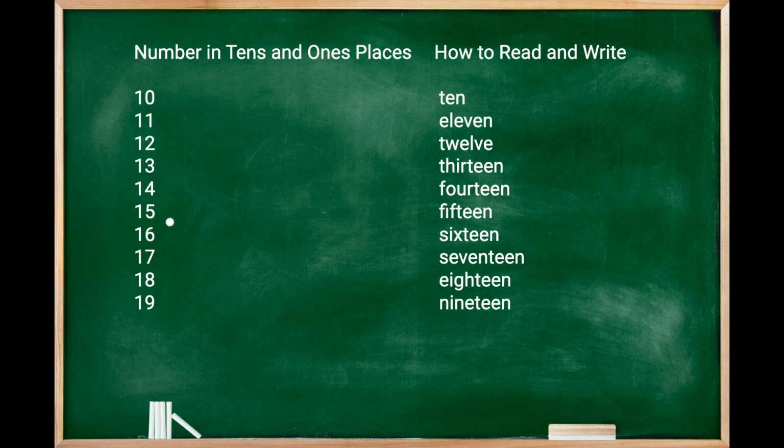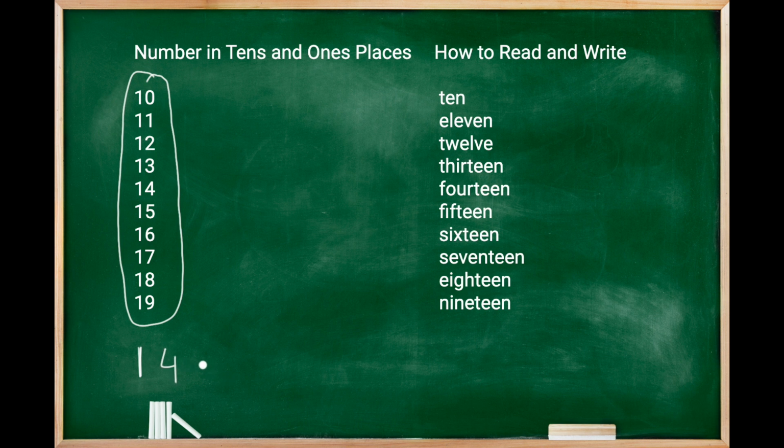We have special names for these numbers, all of them have 1 in the tens place. We need to memorize how to read these numbers. Let's say we have 4, then this is 14.